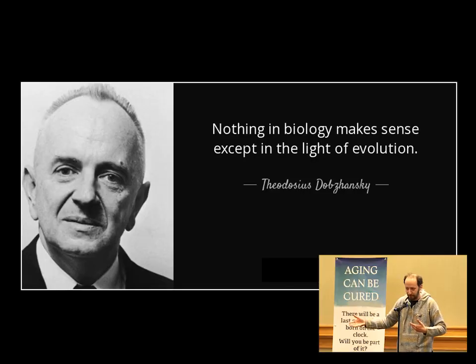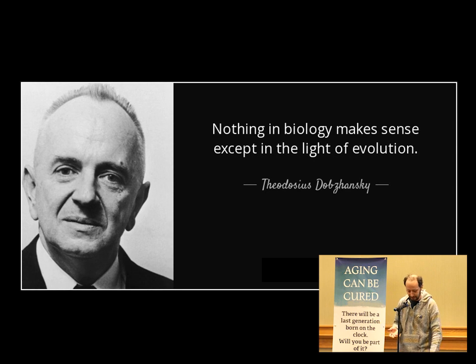The idea that our bodies are made to replicate our genes is probably one of the few things that we are confident about in biology. If our model contradicts this, then our model is wrong. This is a very powerful tool. And aging seems to contradict this statement, because aging is very bad for reproduction.